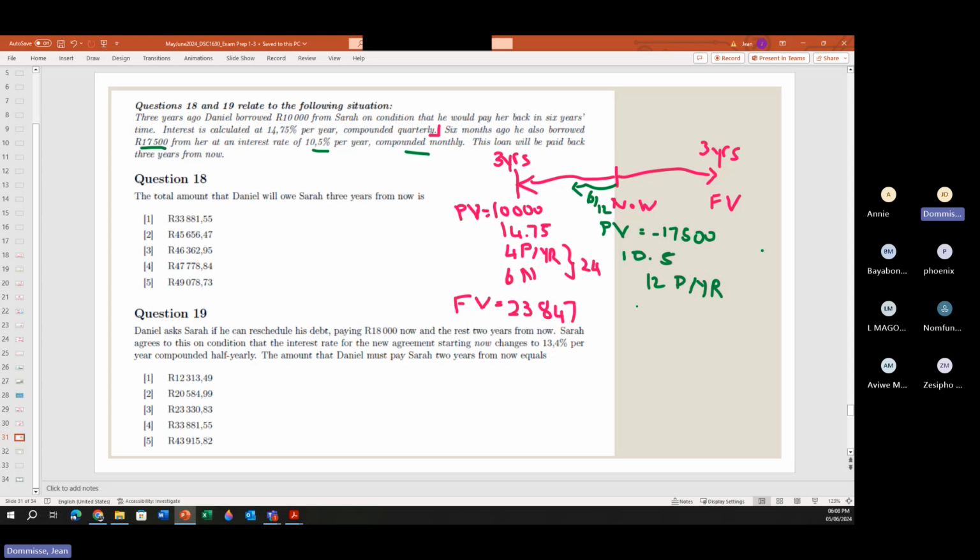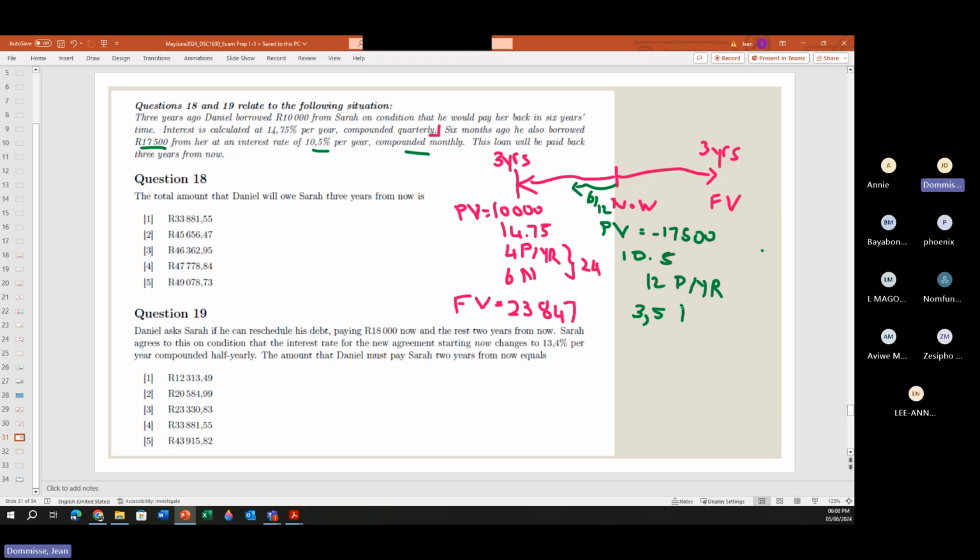So in total, because it was 6 months ago, 6 months plus 3 years is 3.5 years. So if we look at how many periods, that would be 3.5 times 12 is 42 periods. Okay, so now again, present value of 17,500.